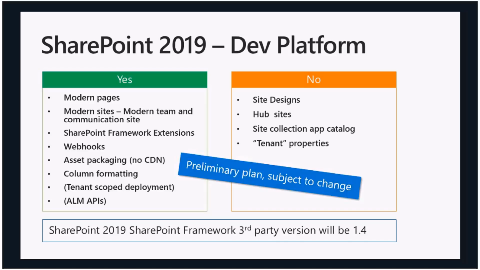As an example, site designs and hub sites were released too late to be included in SharePoint 2019, because there was a timeline when it got forked from SharePoint Online. Now, SharePoint Online is already running SharePoint 2019.